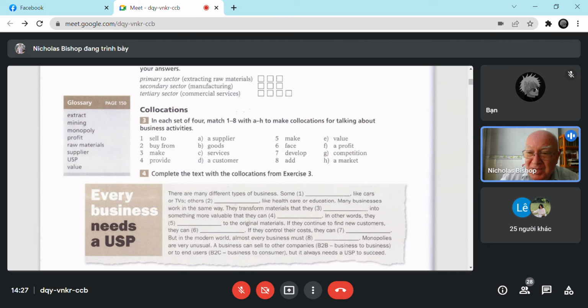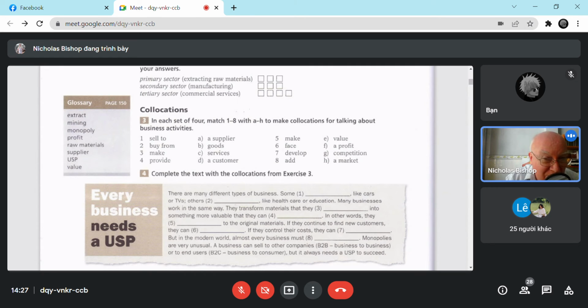You need to find people that you are going to sell your product or service to. So you have to do that over time. You look for them and you build up a kind of market. So yeah, develop a market.